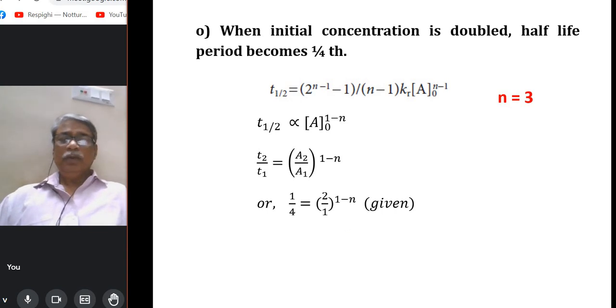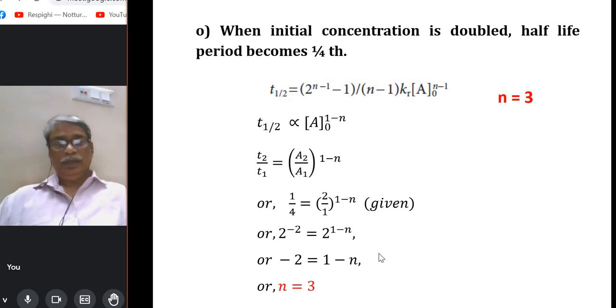So 1 by 4 is 2 to the power 1 minus n. That means 1 by 4 is 2 to the power minus 2, which is 2 to the power 1 minus n. So if we just equate the powers of both sides, you will get minus 2 is 1 minus n, and that would finally give you n equals 3. Okay.